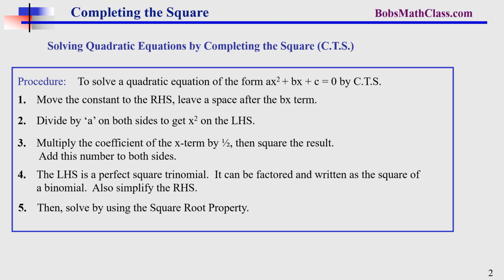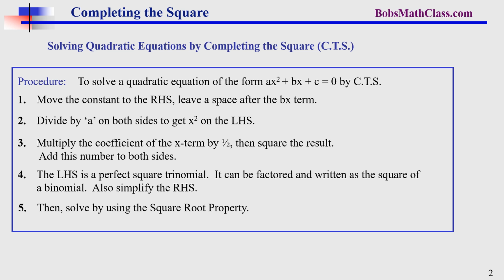If it's 5x squared, you have to divide everything by 5. If it's negative 3x squared, you've got to divide everything by negative 3.